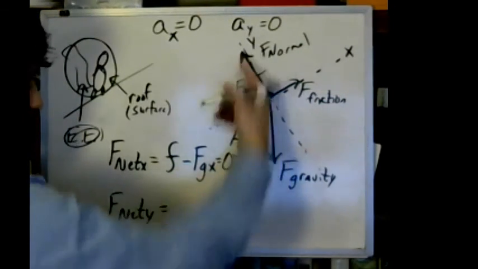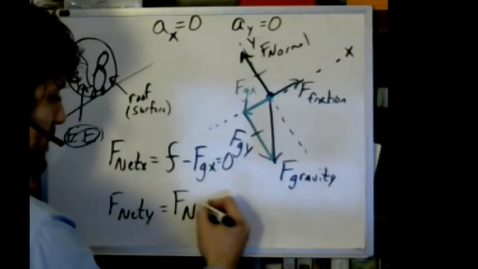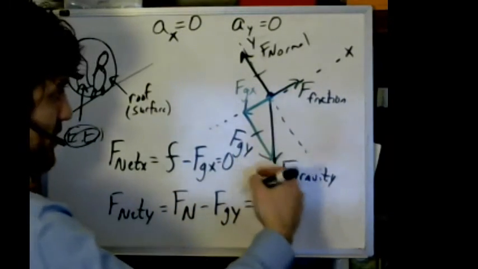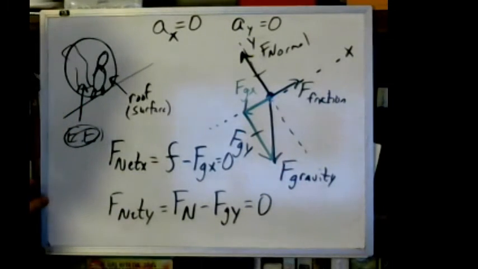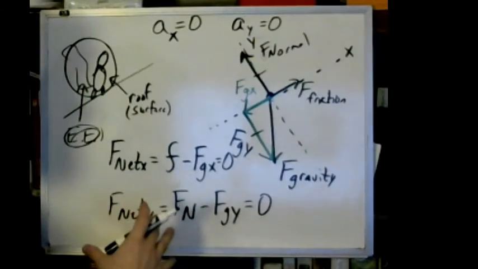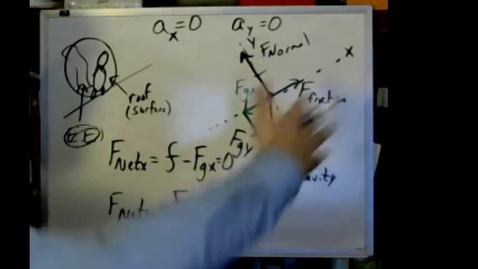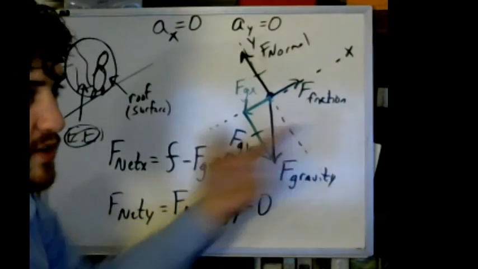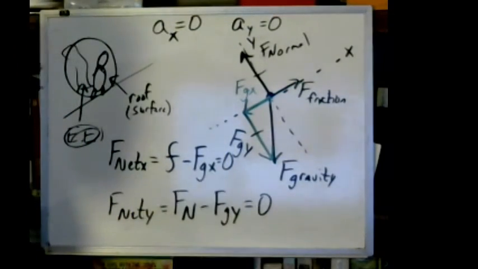In the y direction, we have the normal force up. We have Fgy down. Those have to go to 0. We know that the squirrel is not accelerating in any direction, not along the roof and not up off of the roof. So in both of those directions, the net force has to cancel out.